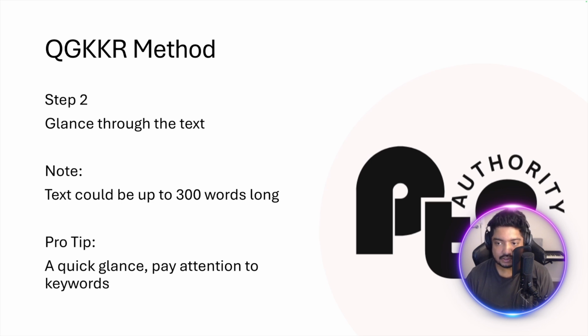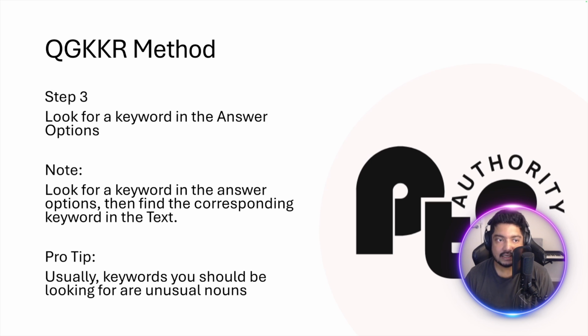Pay attention to the unusual keywords that you see in the text. So glance through the text. Remember that the text can be up to 300 words long, so it can have 2 to 3 paragraphs in it. So do not waste so much time at this step. Just glance through the text, look for keywords.